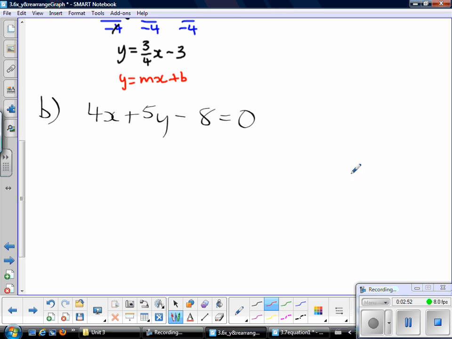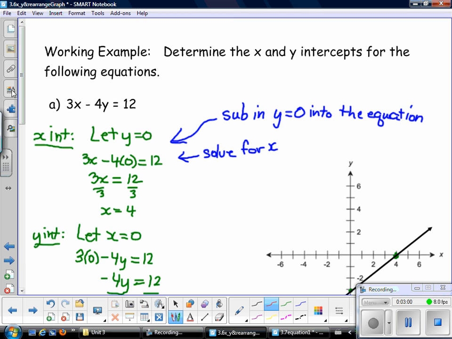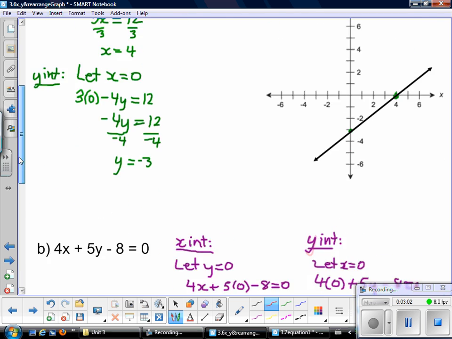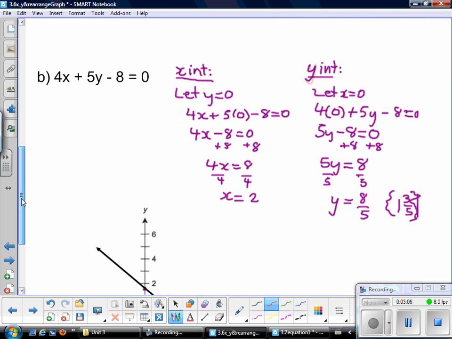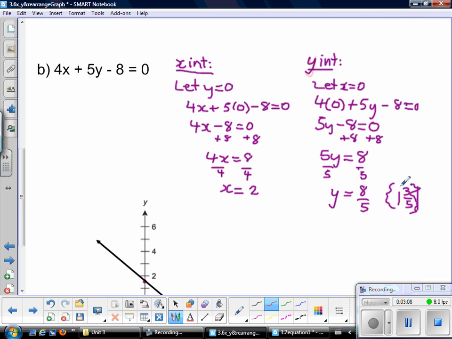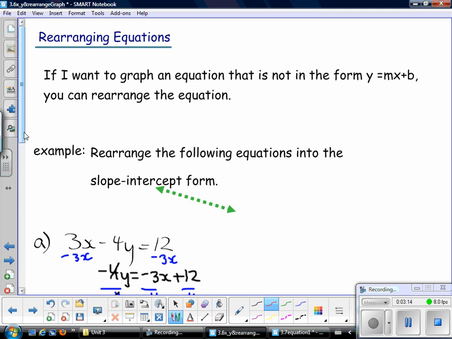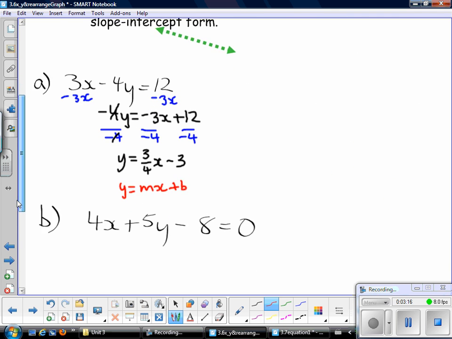This one, you can see that it has all three terms on the left-hand side. Now, if you look over here, it's the same equation that I'm working with. Now remember the problem we had when we found intercepts is we ended up with this fraction for our y-intercept. Well, that might still be the case here, but let's find out.